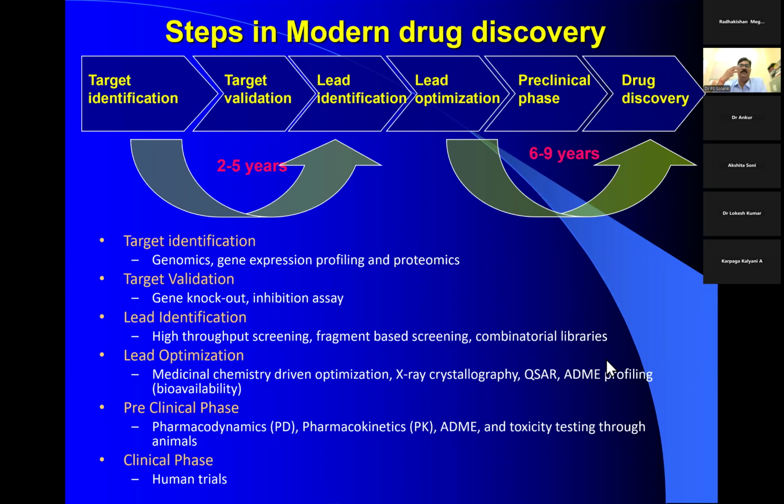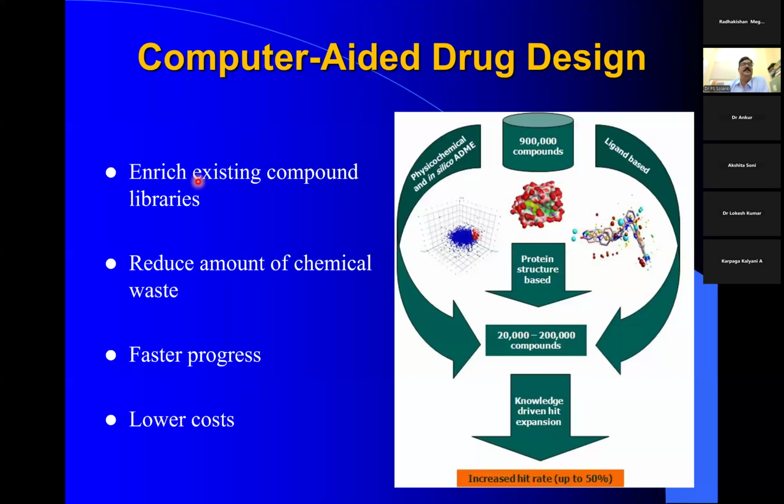So this is computer aided drug design. Using existing compound libraries and computer libraries reduces the amount of chemical waste, makes the process faster, and lowers the cost. Here, by applying bioinformatics, we have reduced the time of drug development and the cost.